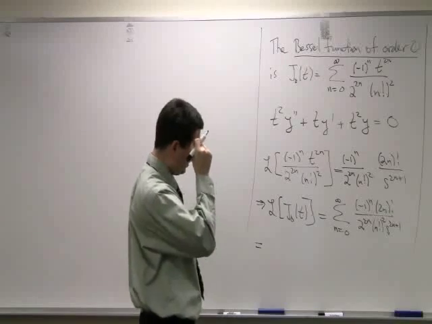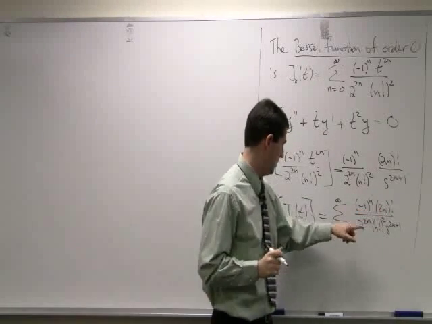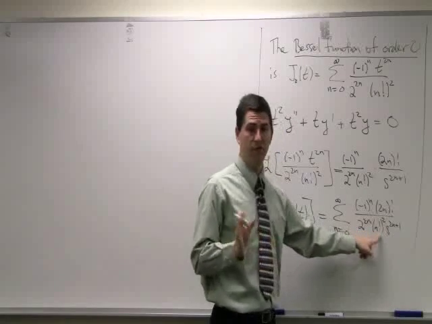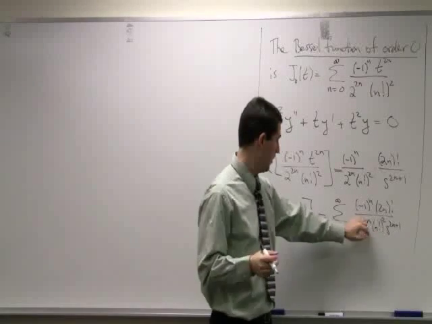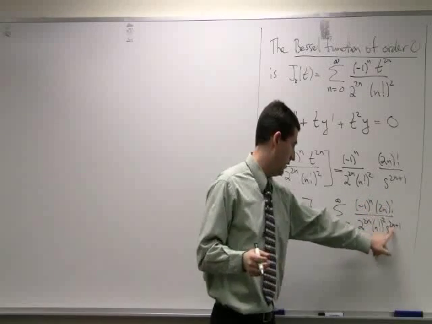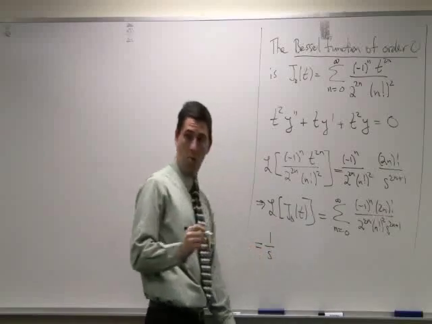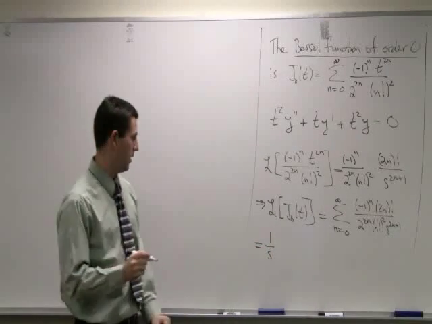Okay, so let's see. When n is 0, remember, 0 factorial is 1. All these things just become 1. And then here you just get an s to the 1. So the first term is 1 over s. That's not so bad.